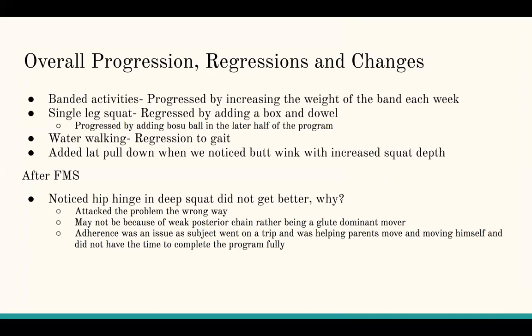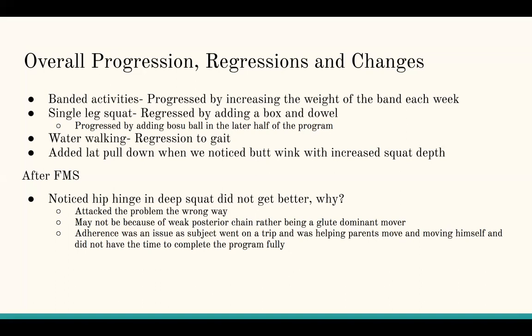And then it was progressed by adding a Bosu ball in the later half of the program to increase ankle mobility and increase glute med activation and quad strength. And then water walking was a regression for gait for the recent ankle injury. And then as noted before, we added the lat pull downs and we noticed the butt wink with increased squat depth, to help increase the stabilization of the pelvis from going to posterior pelvic tilt and preventing hyperlordosis.